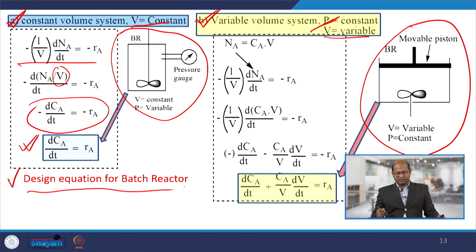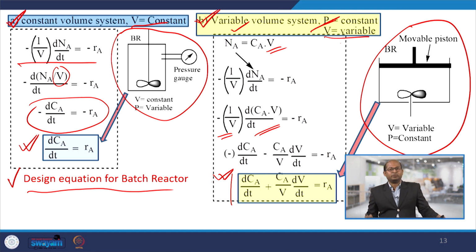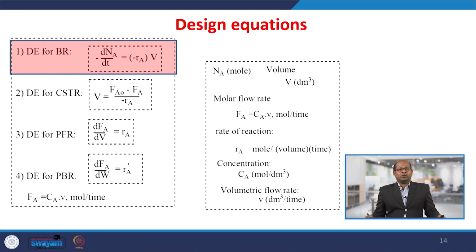This is also the design equation for a constant volume batch reactor. Similarly, for variable volume batch reactors V is not constant, so we have to differentiate, and the final equation we get is d C A by dt plus C A by V times dV by dt equals R A. This is the design equation for variable volume batch reactors. Okay.